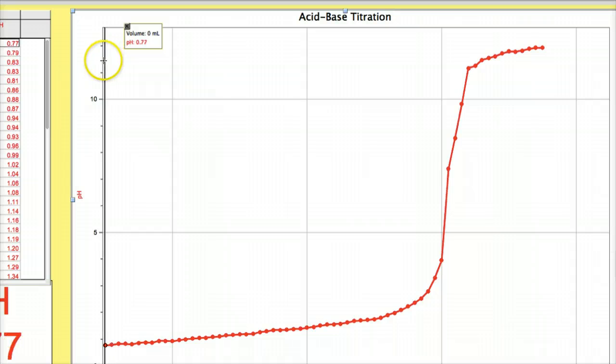But it isn't so far-fetched. 0.77 is close to the 0.99 that I got. So there's definitely some comparison here. Of course, ours is going to be theoretical, and this is the experiment, and all the errors in between. So there is some definite relationship here. 0.99, 0.77, I'll take it.